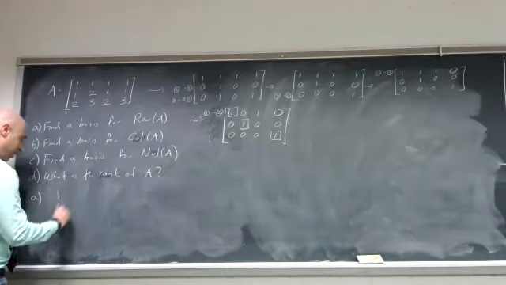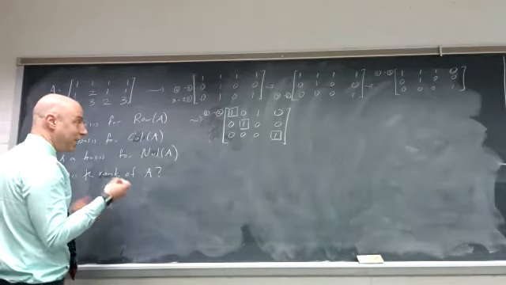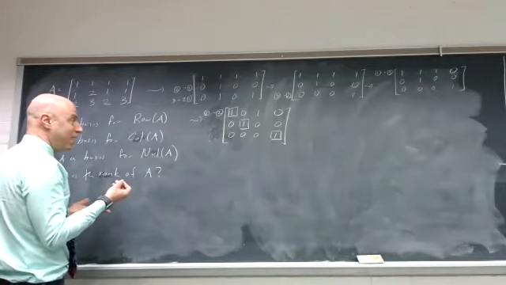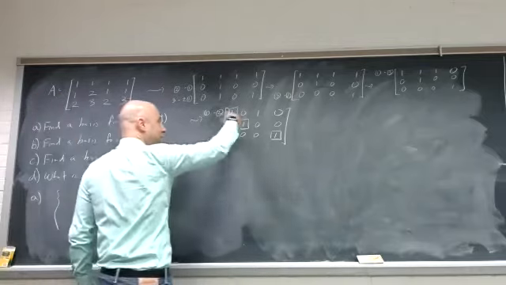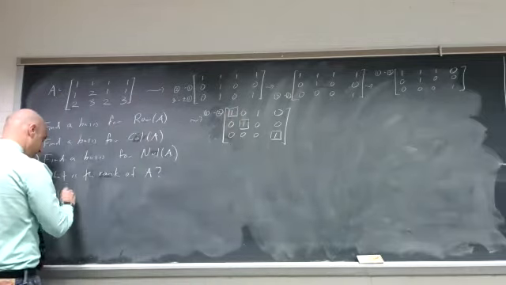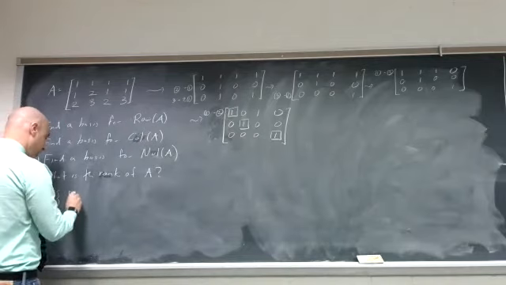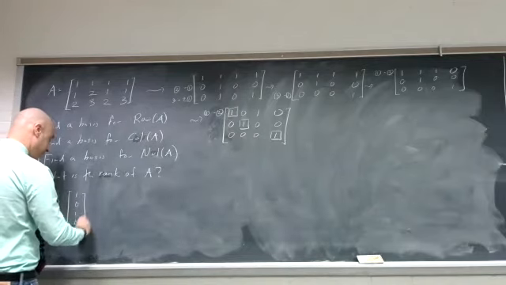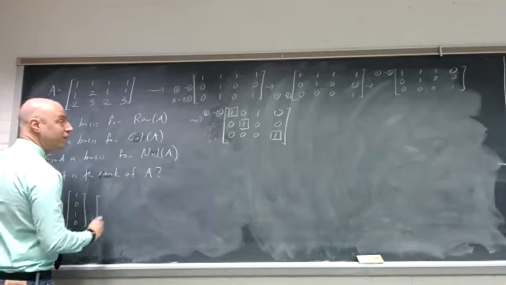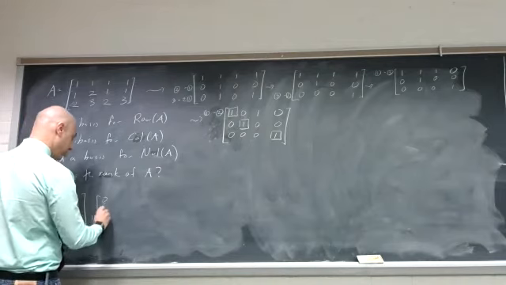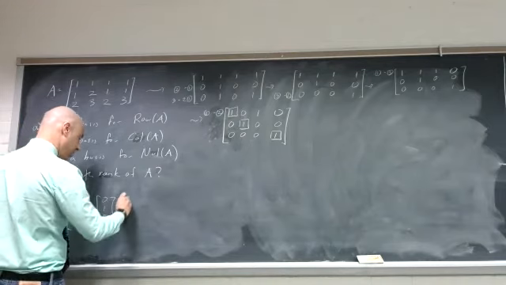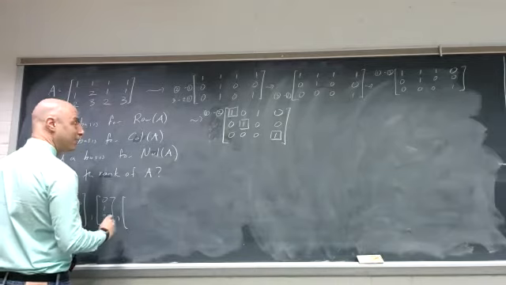So since we're looking for the row space, it'll be vectors in R4. Here's one, here's one, and here's one. So 1, 0, 1, 0, 0, 1, 0, 0, and 0, 0, 0, 1.